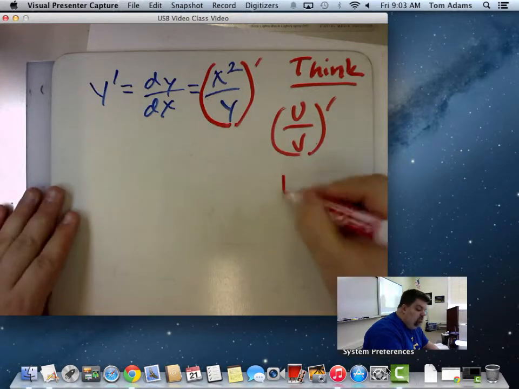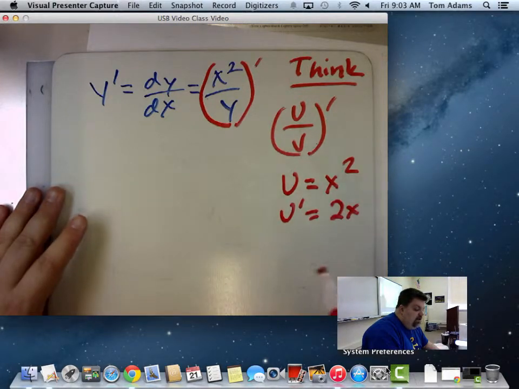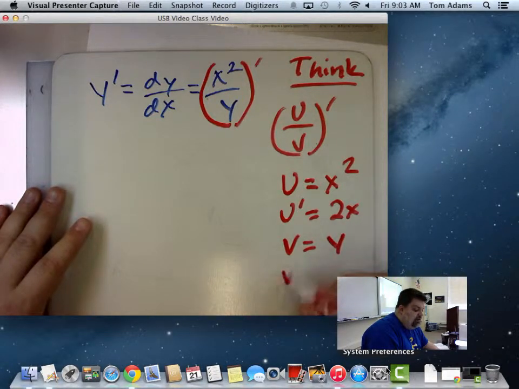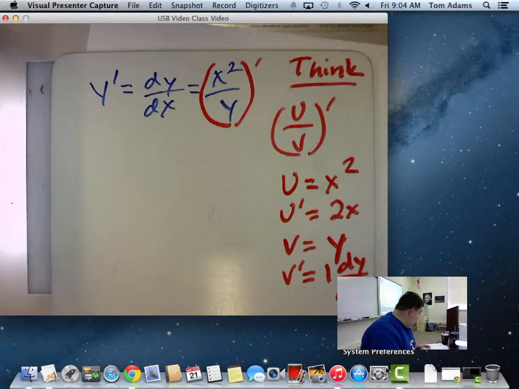So then u is equal to x squared. U prime would be 2x, and v then would be y, and then v prime would be 1. But remember, we've got to say 1 times dy/dx. And you'll say, well, that doesn't make any sense. Now you could write it this way, or you could write y prime. We'll leave it this way for now. I know your textbook has it the other way.